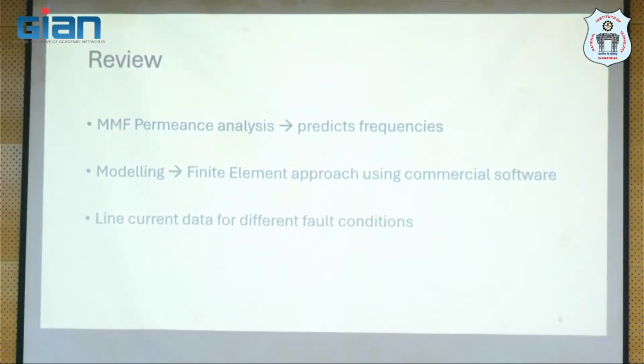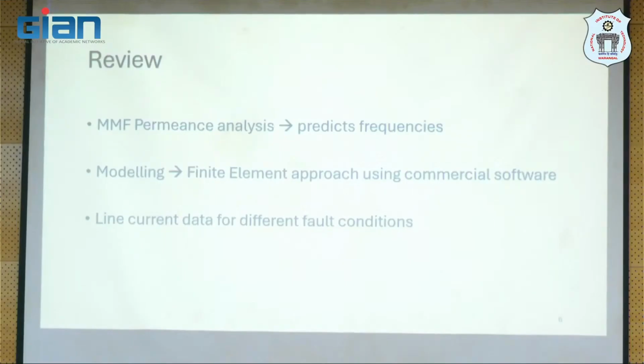So the idea is, by doing this modeling, you can extract line current data as if you have access to a physical setup. And once you have the line current data, you can do a Fourier transform or carry out spectrum analysis or different types of signal processing to detect different frequencies and check whether there is a fault or not.